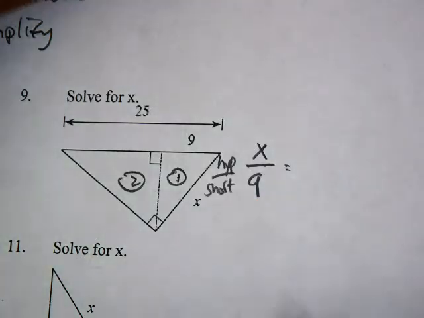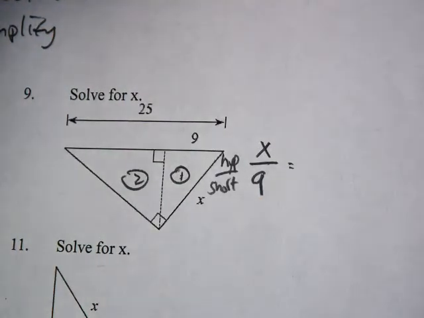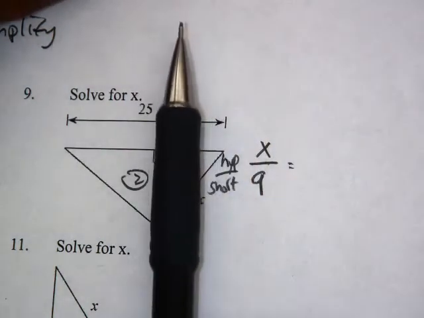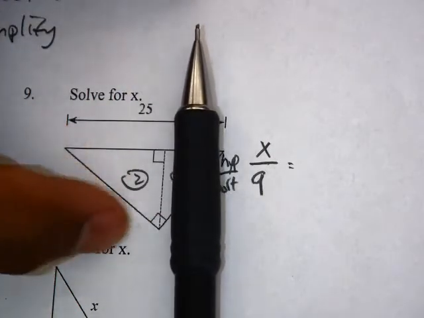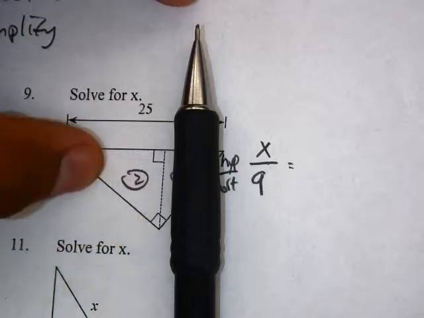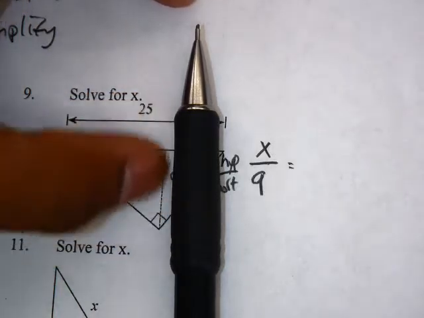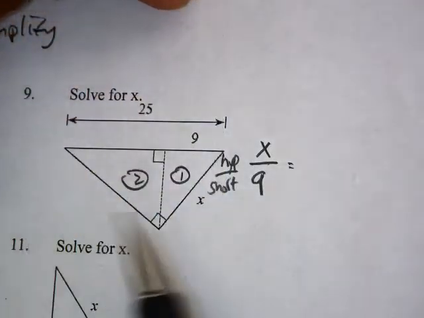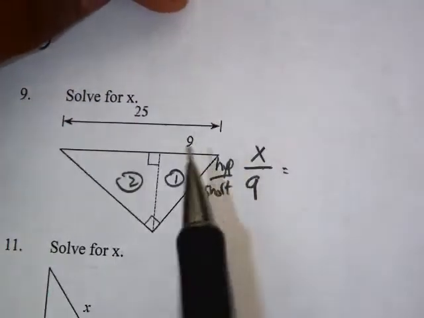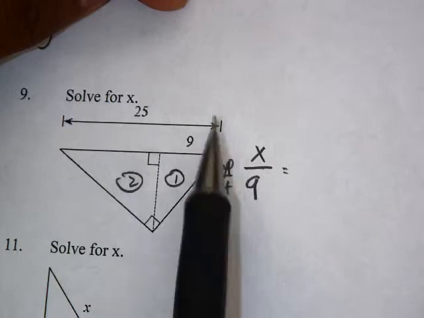I need to look in another triangle that has a hypotenuse and a short leg to compare it with. So let's look at triangle 2. Here's the hypotenuse of triangle 2. I don't have any numbers there. And here's the short leg for triangle 2. I don't have anything there. So that's not helpful. Let's look at the big triangle. The hypotenuse on the big triangle is 25.